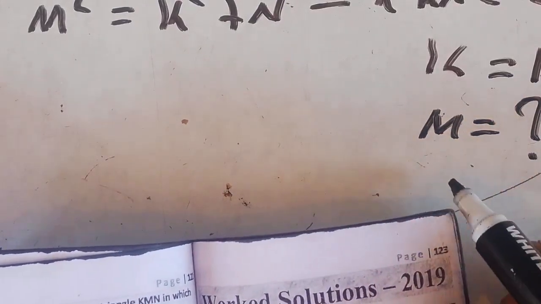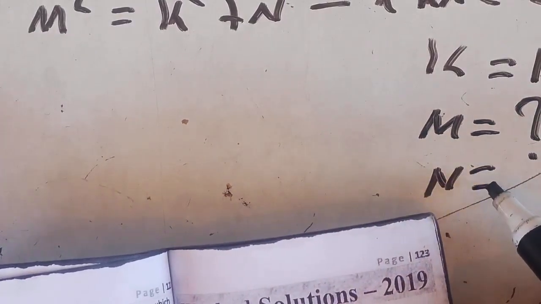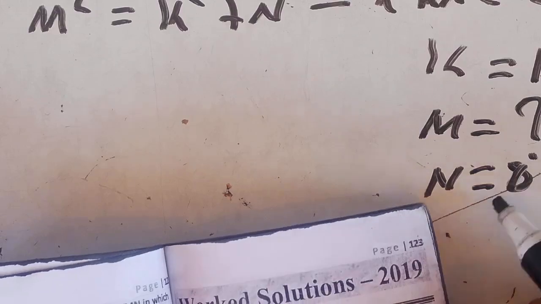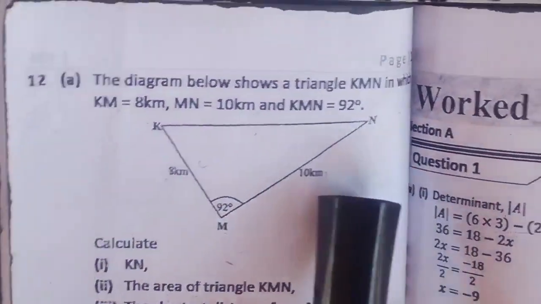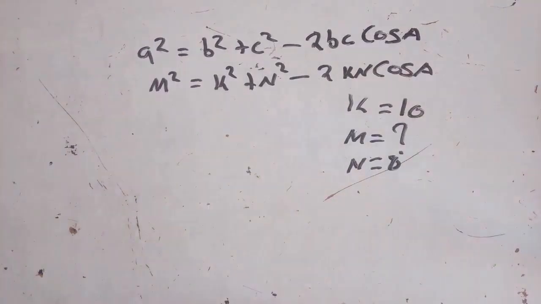N is 8. So let's now calculate our M, and we have angle KMN, which is 92 degrees according to the question. Let's now begin our calculations.